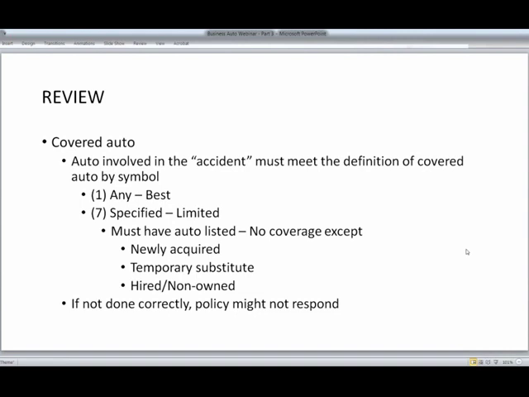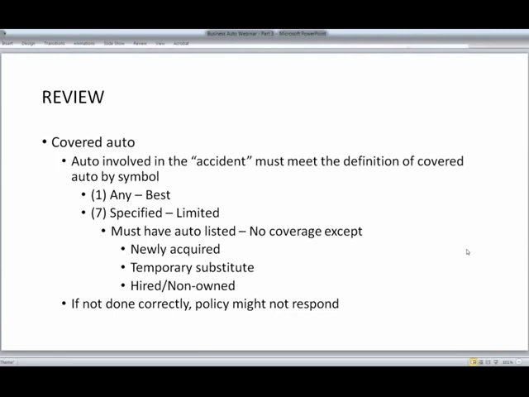However, it is a problem because sometimes insurance carriers do not want to cover autos they don't know about, which any auto would have them do, or there may be a problem collecting the audit if they add vehicles to the operations. So a lot of times you write the policy with symbol 7, specified autos.